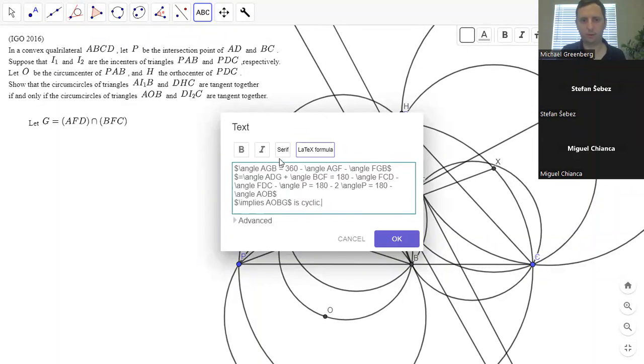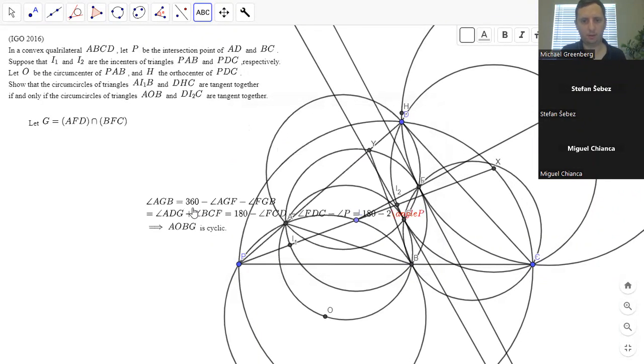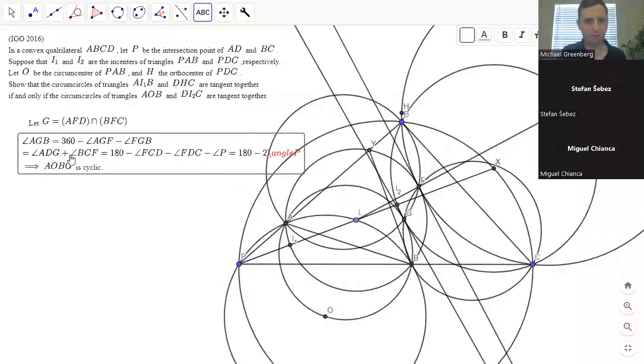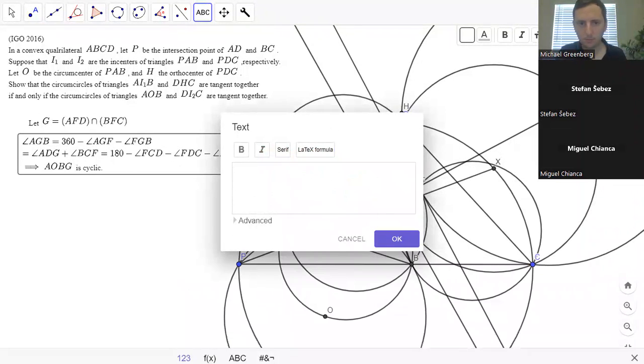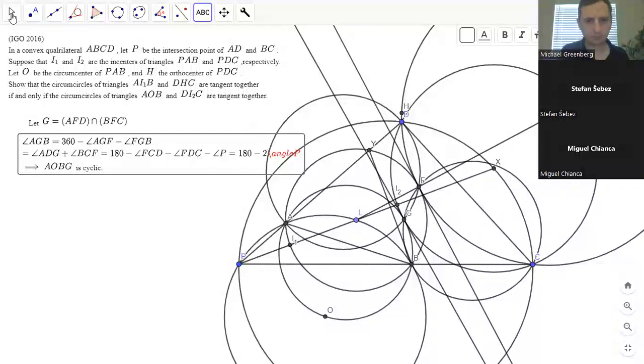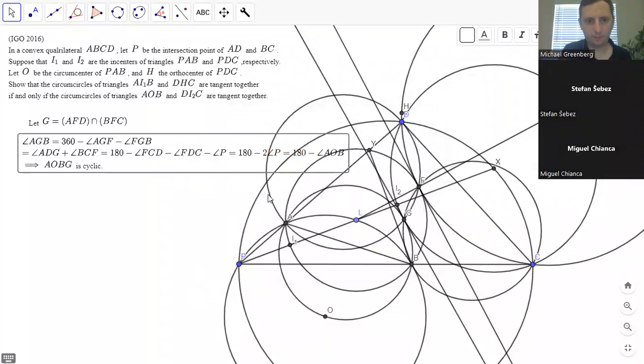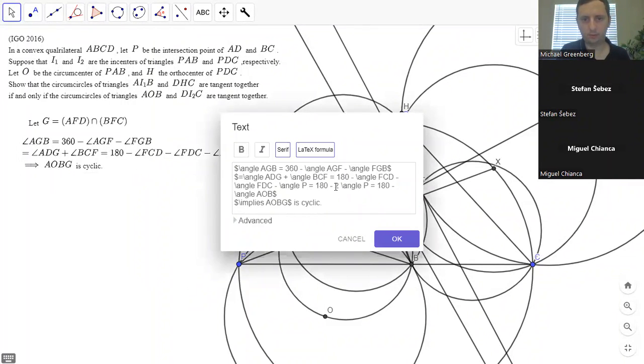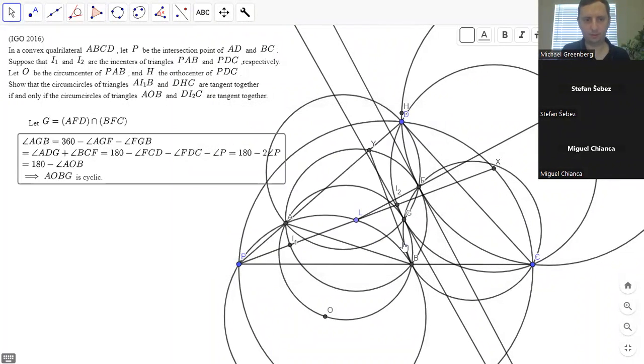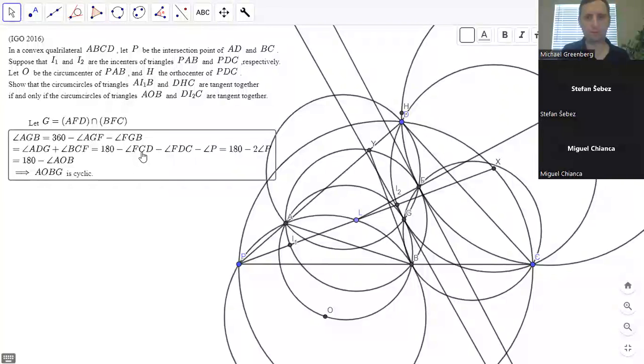So we have one circle there. Okay. And then should I just say, like, by a similar angle chase, the other one is cyclic? I could just leave it to viewers. So by a similar angle chase, DIGC is cyclic.